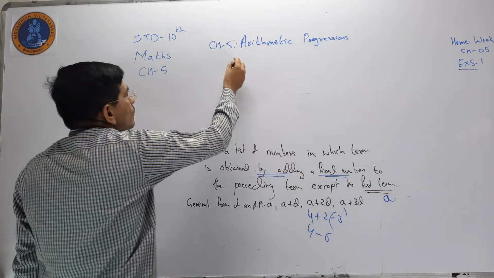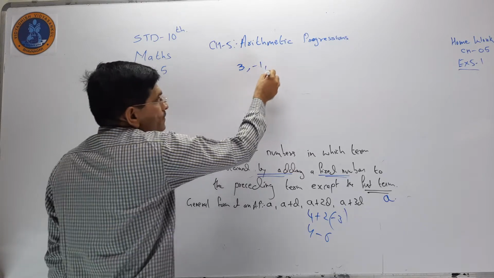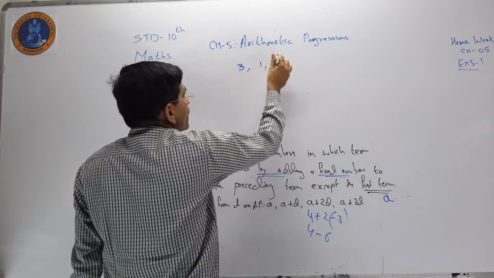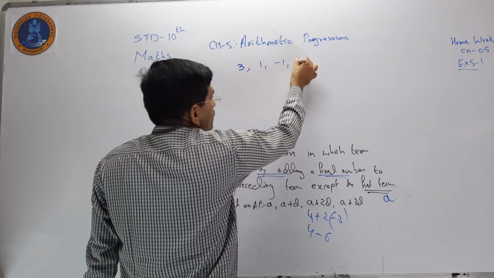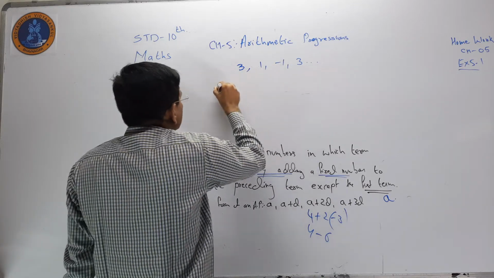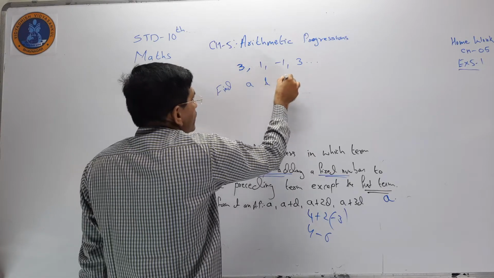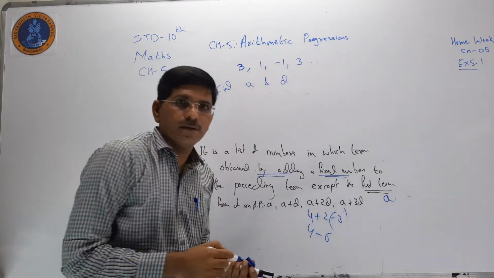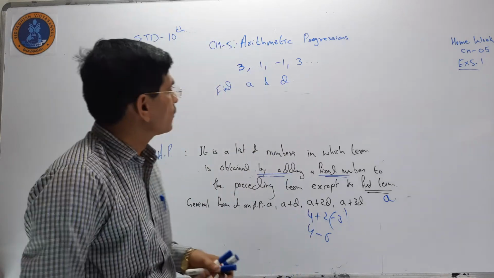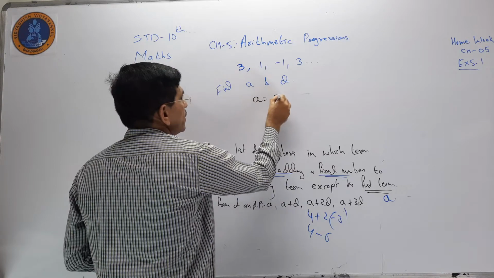But now if a series is given, we do the sum a different way. The series is 3, 1, minus 1, minus 3. Find A and D. It is easy. We know that A is equal to 3.